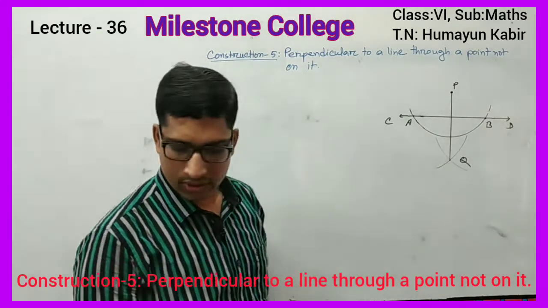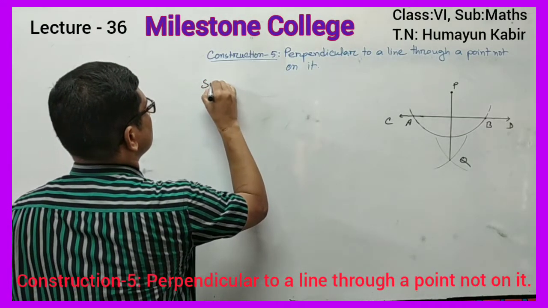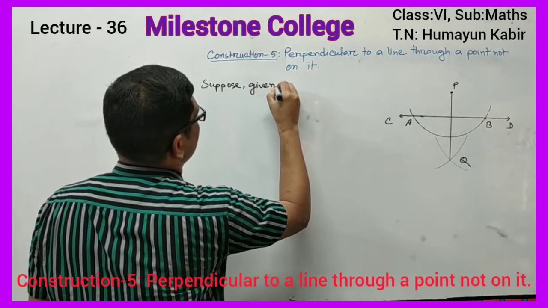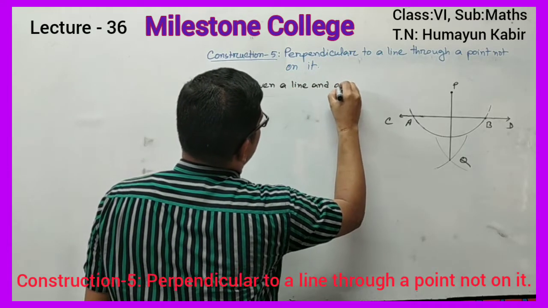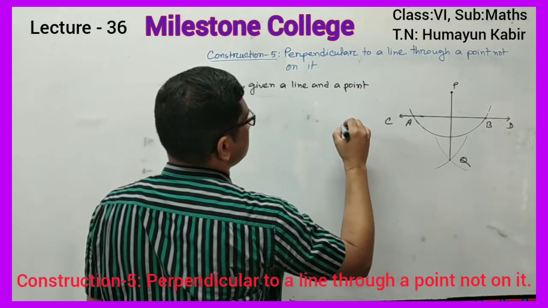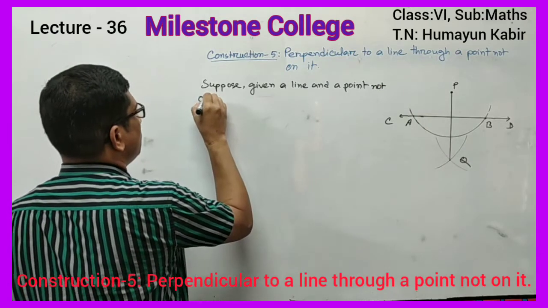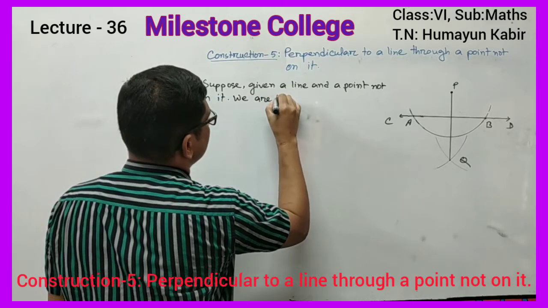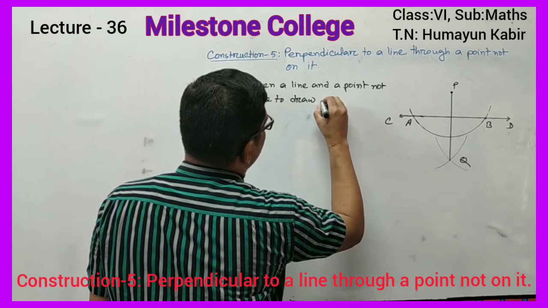Okay, so now write with me. Suppose given a line and a point not on it, we are to draw a perpendicular.